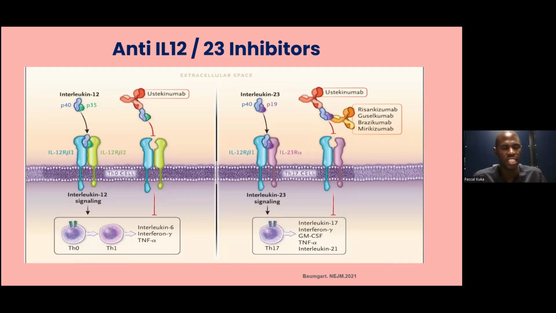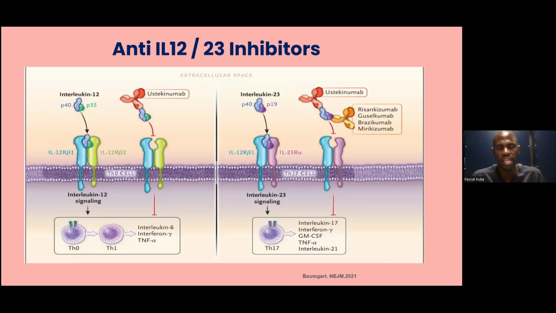If you look at the structure of interleukin 12, it has two subunits, the P40 and the P35, as opposed to interleukin 23, which shares the P40 subunit but also has a special P19 subunit. In terms of medications, ustekinumab is non-selective, inhibiting both the P40 and P19.